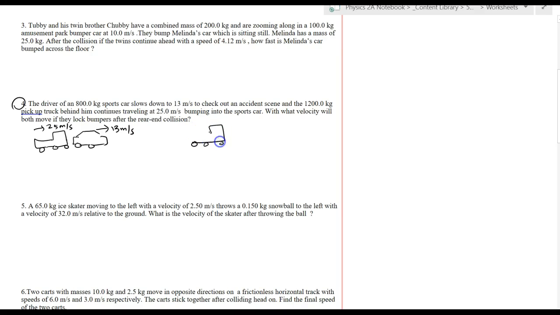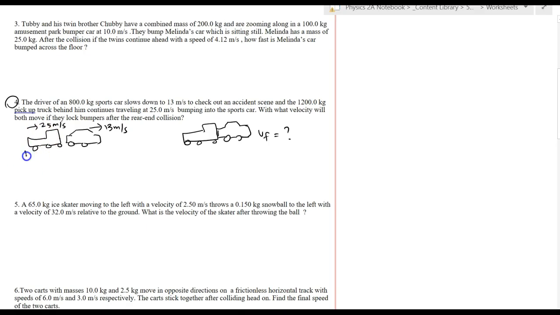That means they are going to move as one unit. So we want to know what is the final velocity of this combined car-truck object. We know the truck weighs 1200 kilograms and the car weighs 800 kilograms.